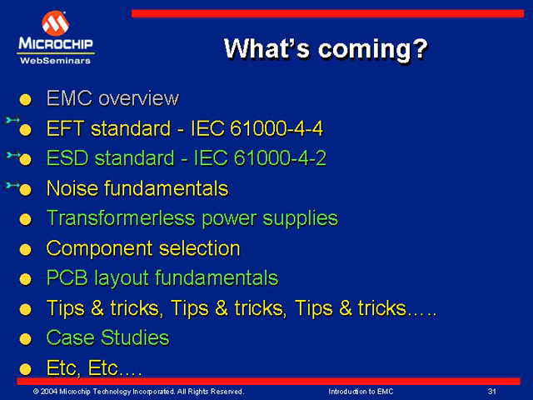And we'll go into more detail on some noise fundamentals, the theory of noise. Then we'll look at various transformerless power supplies, how to select components, what kind of components you should select, what type, what values. So that will be one of the topics. And we'll go into PCB layout fundamentals, and then there will be lots of tips and tricks.